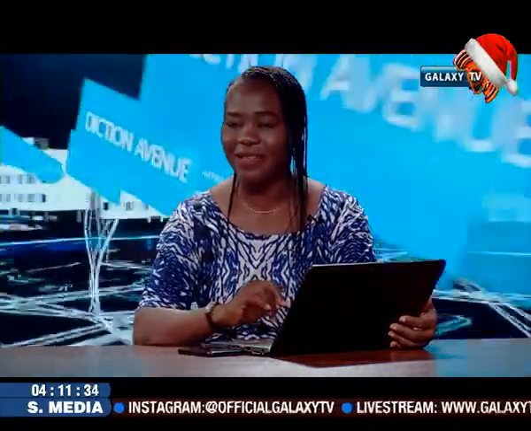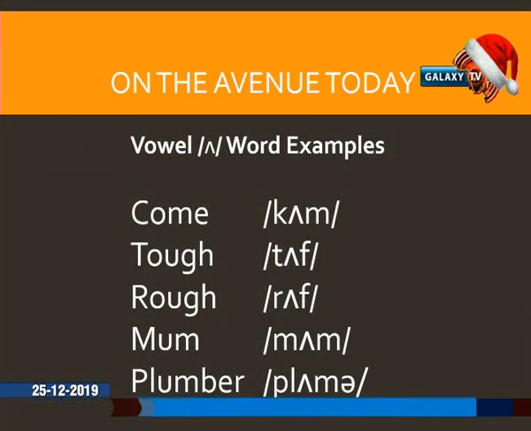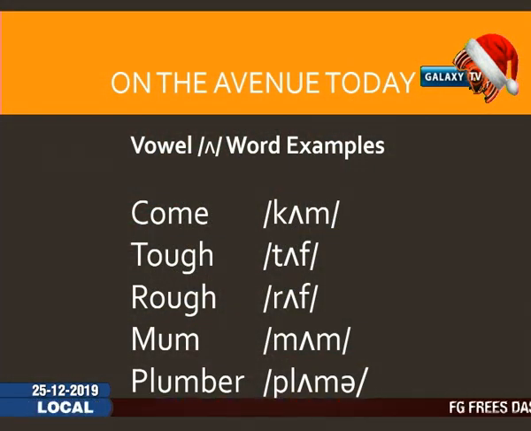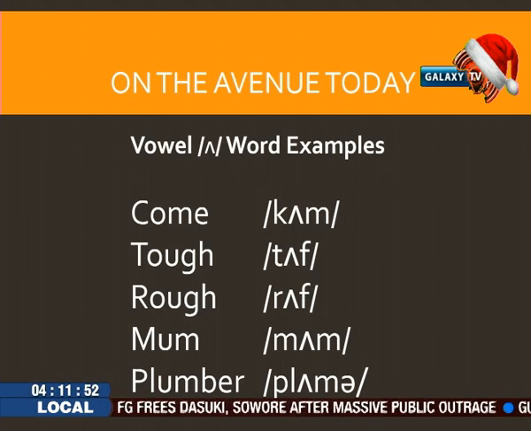Now let's look at the next set of words. We have 5 more words to consider, and the next word we have there is come. The word is not said with the O sound, but with the short U sound. Tough. I've had a tough day today.